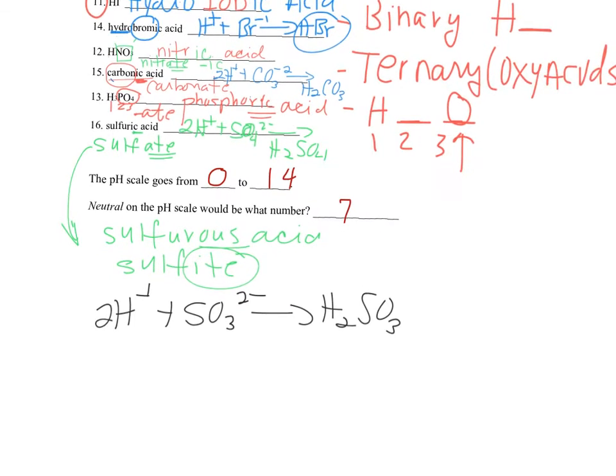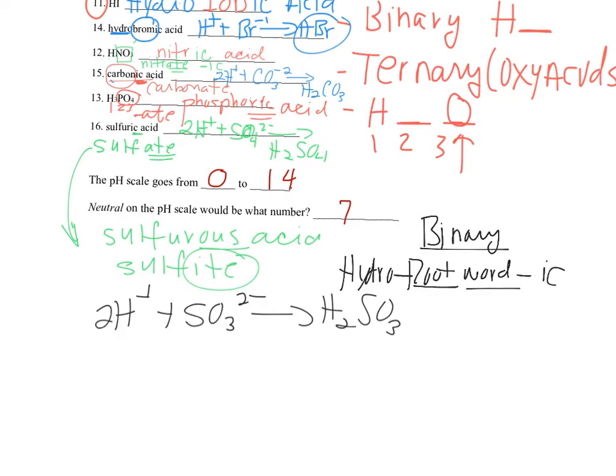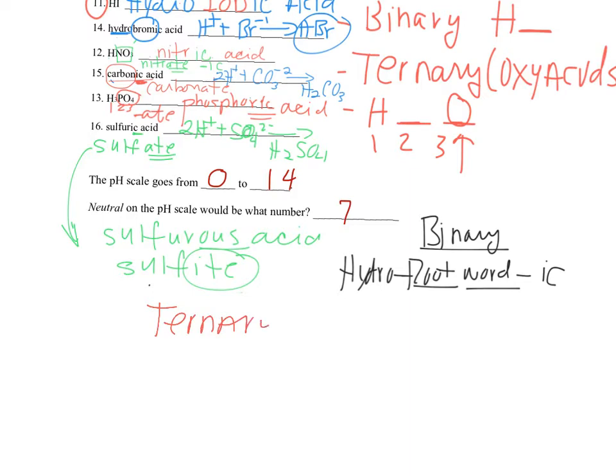So to summarize, naming acids. Binary acids get hydro in the beginning, root word, and then IC. And then ternary acids, also known as oxyacids, look for the polyatomic ion.